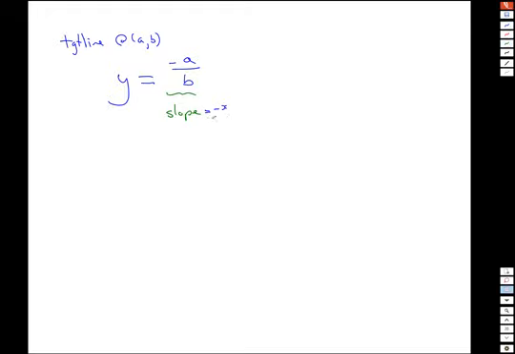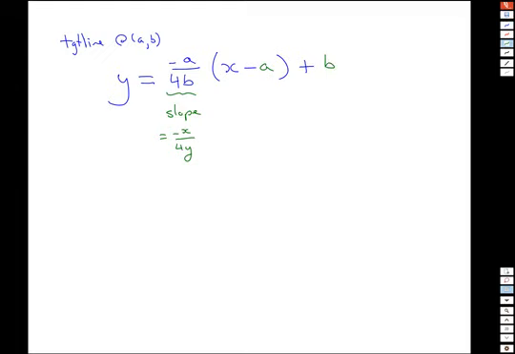Sorry, try to keep my colors consistent here. And sorry, 1/4, negative 1 over 4b. Was it negative? Yeah, it was negative. Okay. Times x minus the x coordinate, that's x minus a, plus the y coordinate, plus b.